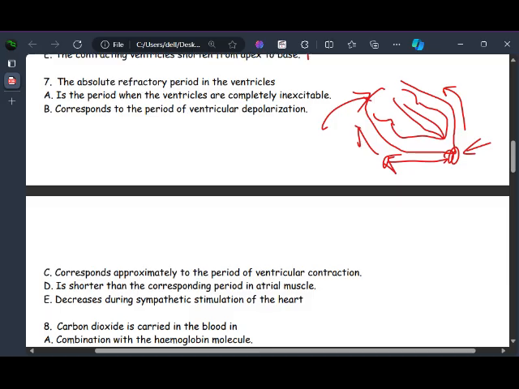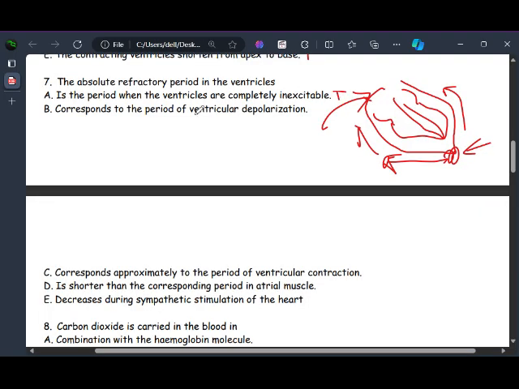In this case, the ventricles are muscles as well being excited, and you're going to have a part known as the absolute refractory period. There's relative and absolute. So the absolute refractory period is the period when the ventricles are completely inexcitable. That's true for any muscle actually.